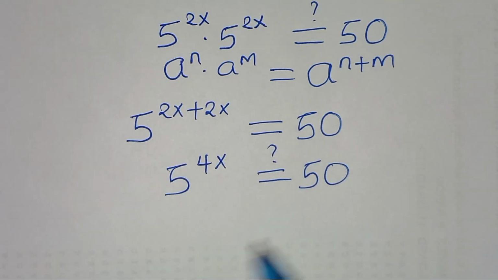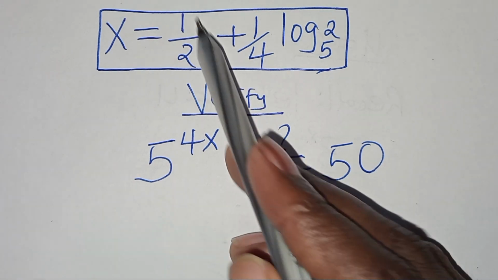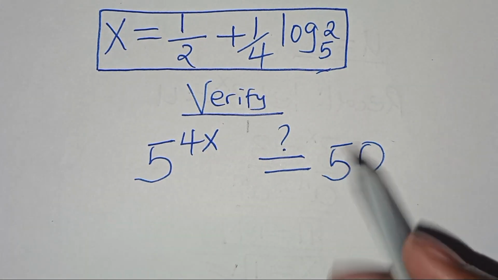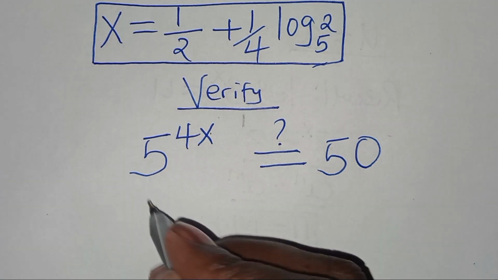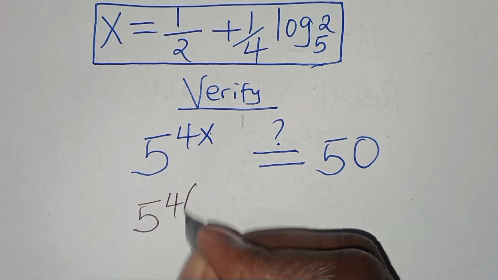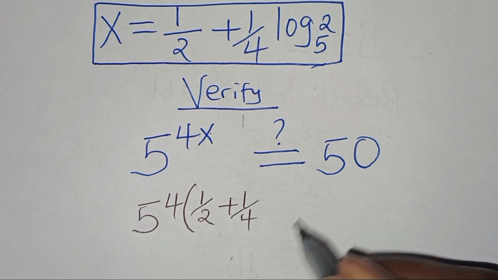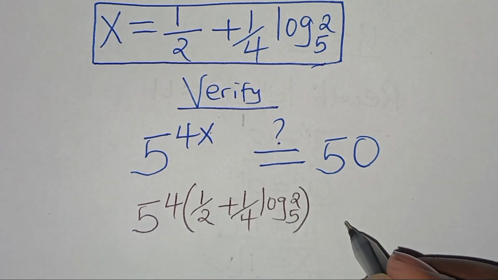So let's substitute the value of x. Let's verify that the value of x here, which is half plus 1 over 4 log 2 to base 5, satisfies the equation. So we have 5 to power 4 times x, which is half plus 1 over 4 log 2 to base 5, close the bracket.